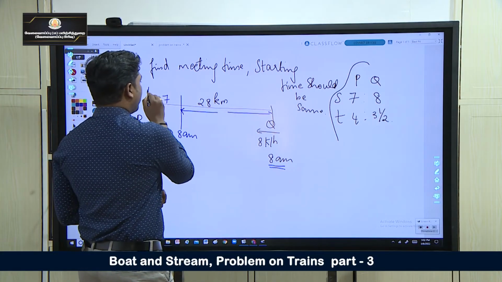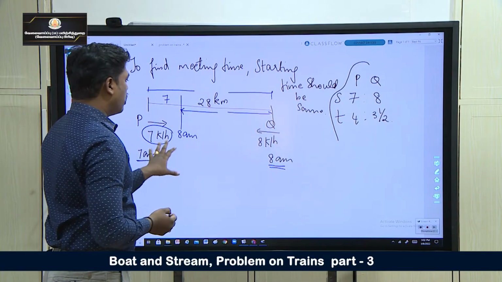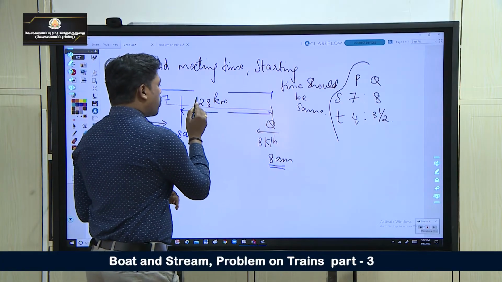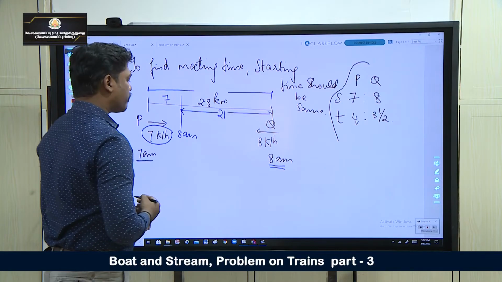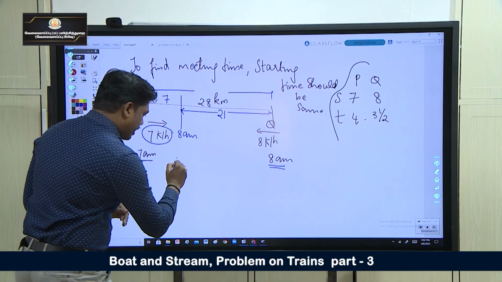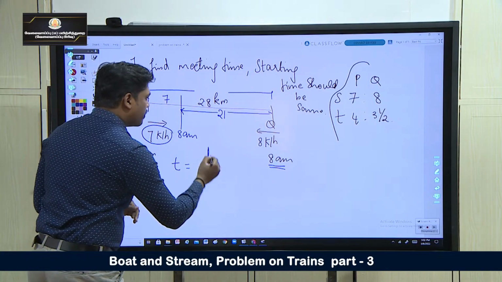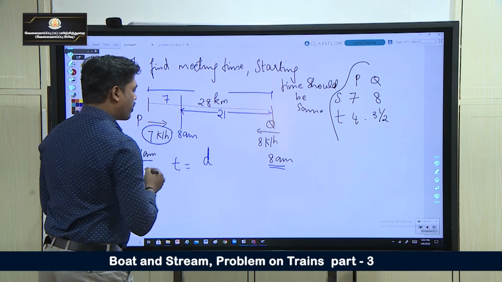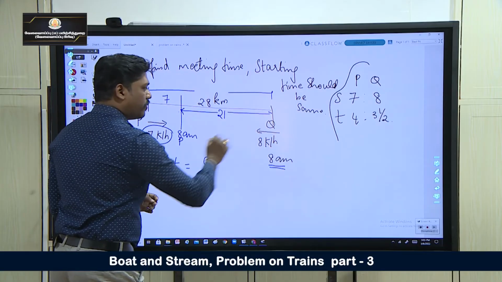So the total distance was 28 as we assumed. Now the remaining distance is 28 minus 7, 21 kilometer. Okay. So the time is equal to the distance between them. Why? Because at 8 a.m. P is here, and at 8 a.m. Q is here.